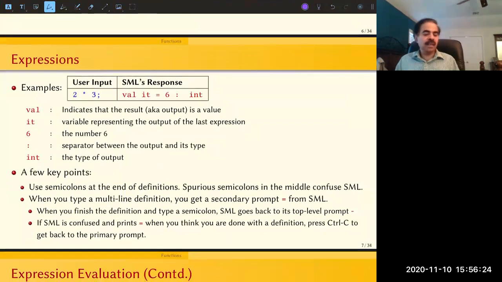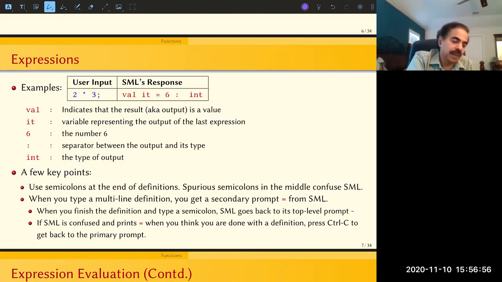So slowly, let's introduce SML. In Standard ML, at the top level, you type what are called expressions. Expressions often consist of calls to functions, but to start with, we will take simpler expressions that simply consist of things like arithmetic operators.